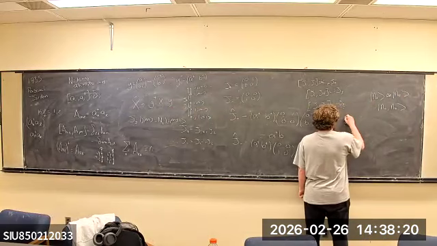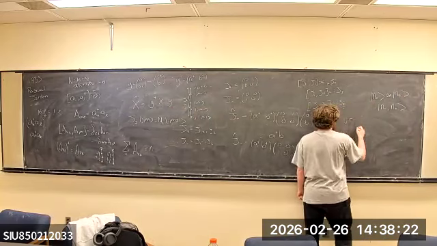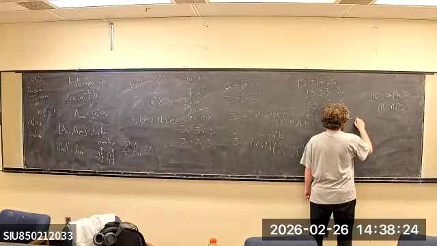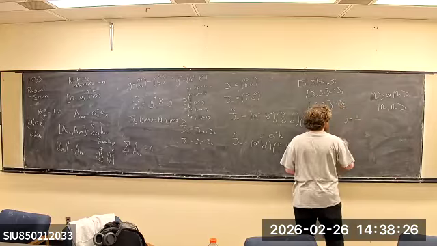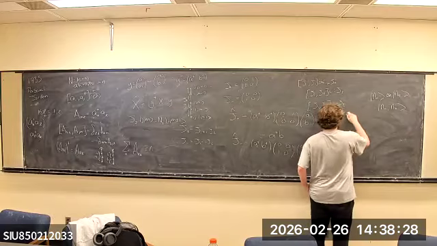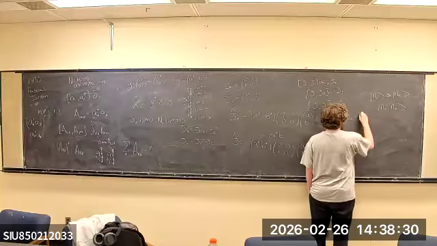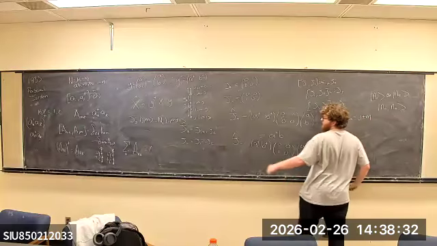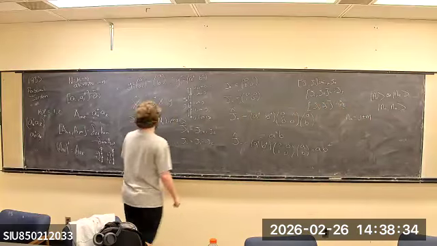And I have the following relationships. I'll let n_A be J plus m, and n_B be J minus m. It's the same J and m here.